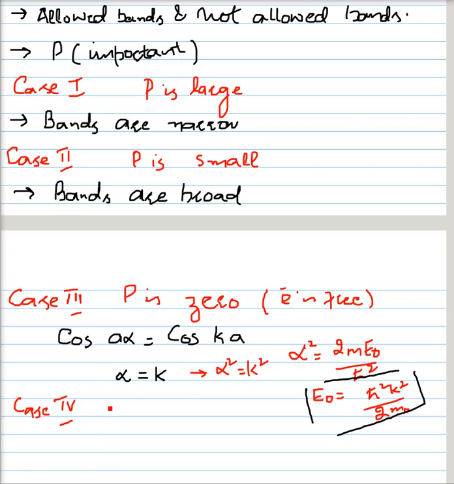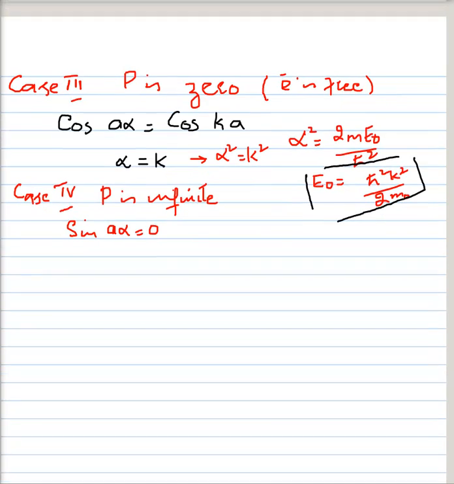Now case fourth is when p is infinite. If p is infinite, sine of a alpha has to be equal to 0. Why? Because we need to keep the left hand side bounded and finite. Otherwise, it will not be valid. So sine of a alpha equals 0 gives you sine of a alpha equals sine of n pi, which you already know.